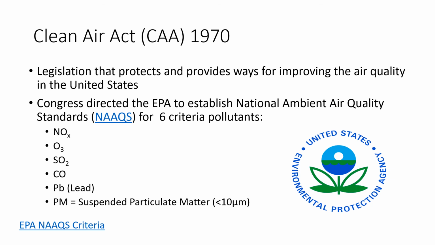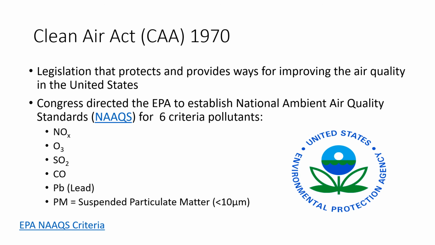So the Clean Air Act, right, actually protects air quality. And so before the Clean Air Act, there were no regulations on what industry could put out into the atmosphere. And by putting this legislation into place, Congress directed EPA to come up with standards to protect human health against these 6 criteria air pollutants.